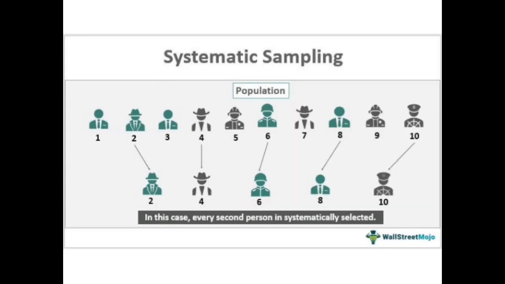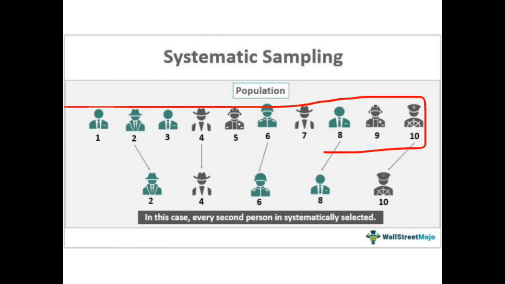Also, this is another illustration of systematic sampling, where a researcher arranged individuals randomly. Then he decided to select after every one individual.